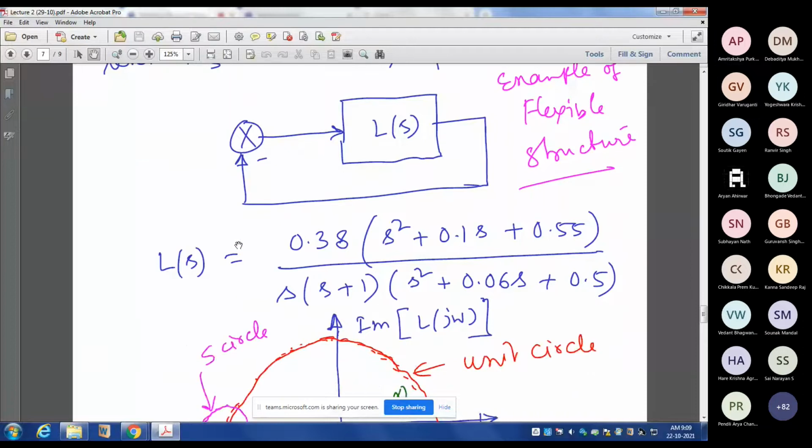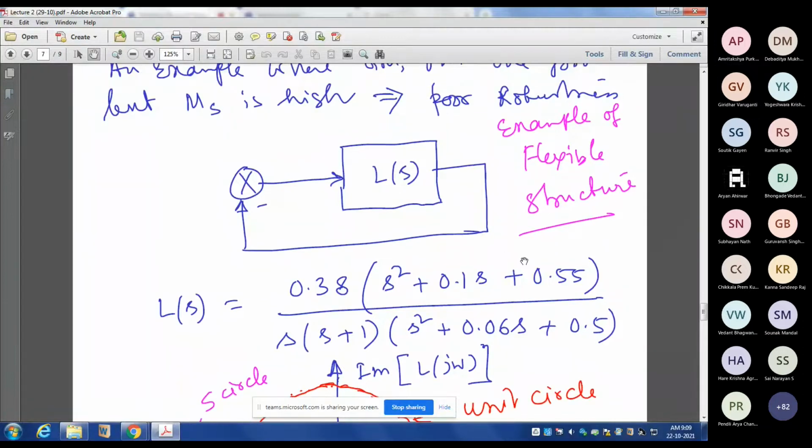It is a transfer function of a flexible space structure, that is a satellite system. Solar panels are very flexible. So for a satellite, this is solar panel orientation control.